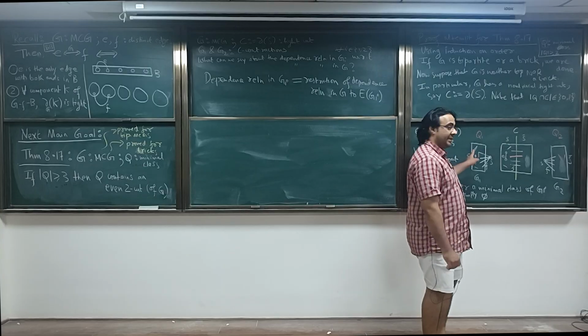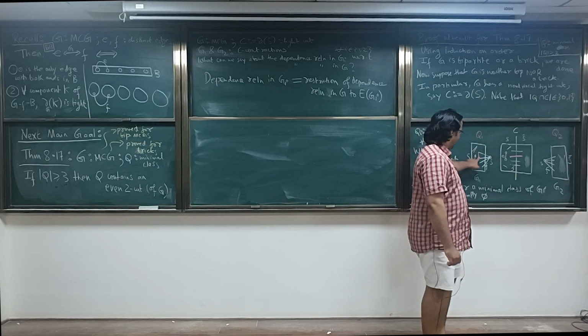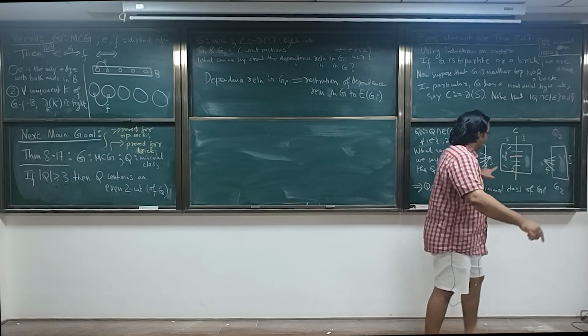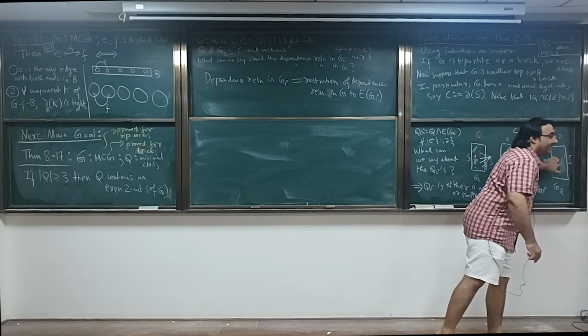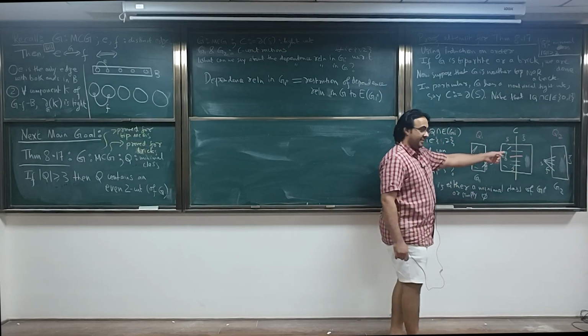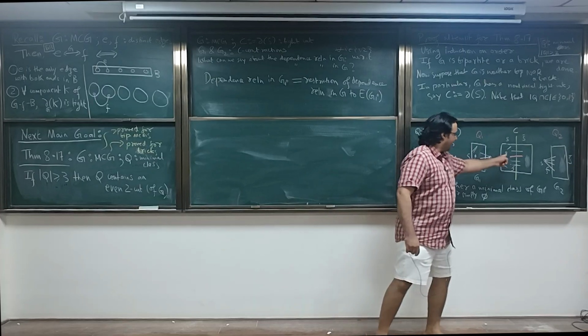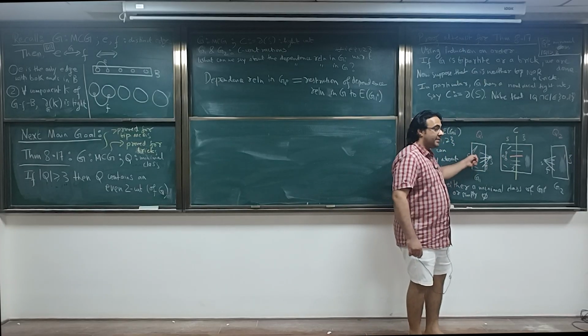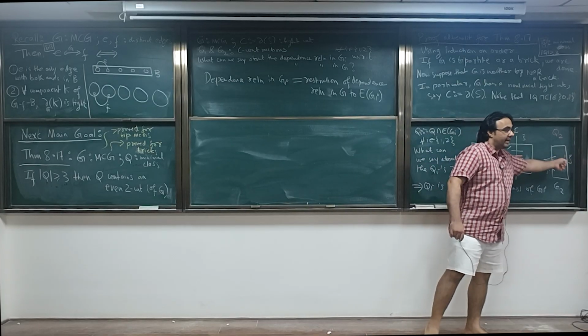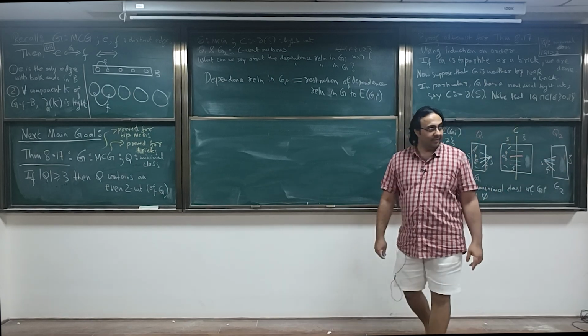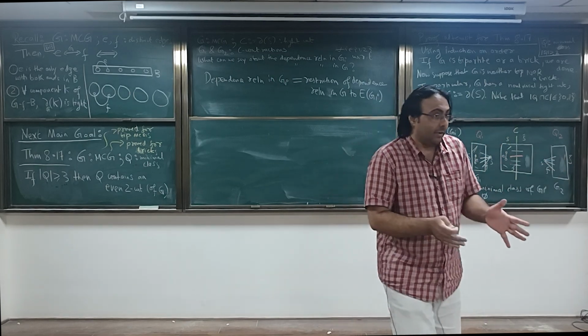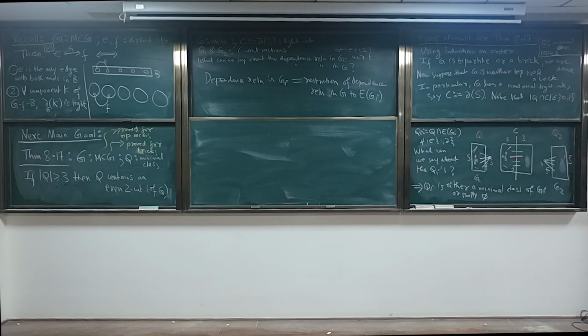So the only case that is not done is the case that you showed to me. This case. One edge in the cut, one on the left side, one on the right side. In this case, neither of them has a minimal class of cardinality 3 or more. We want Q1 or Q2 to be cardinality 3 or more.